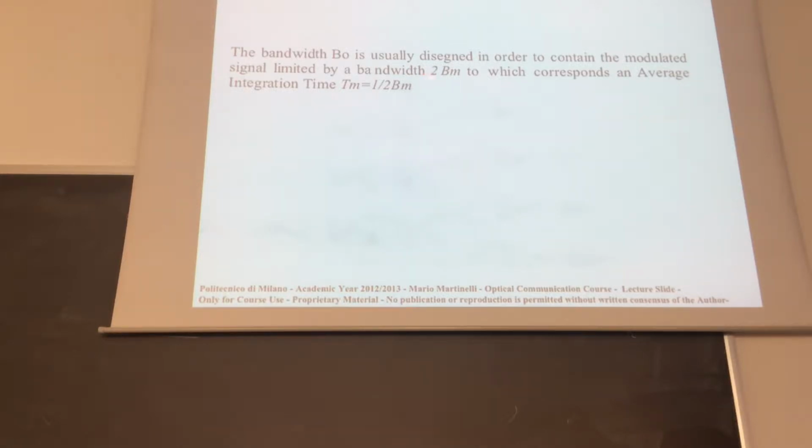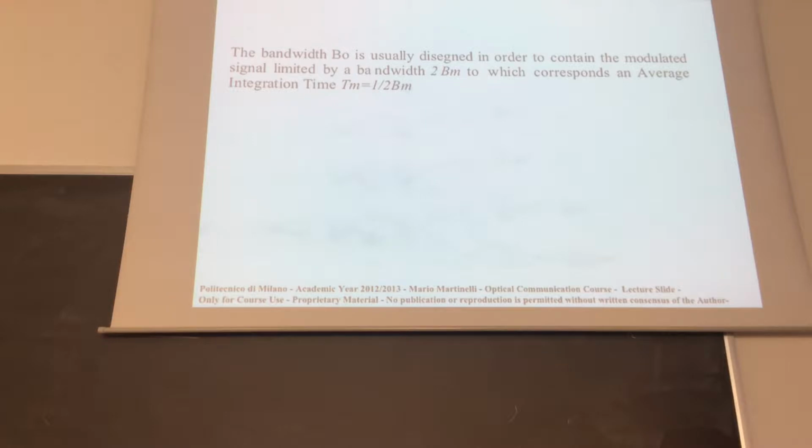Now we assume that the integration time is simply 1 over 2 Bm. Why? Because in first approximation this is correct. There are then some coefficients which depend on the specific transfer function of the filter.